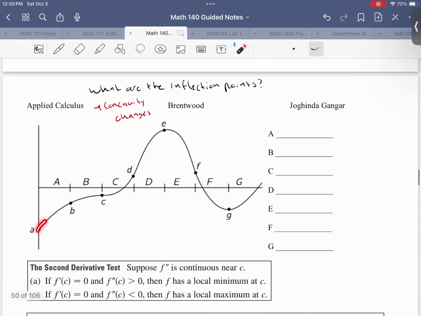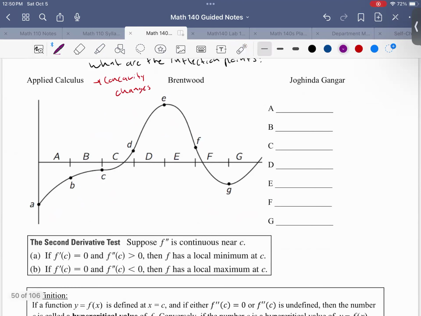I'm following along, and I notice right here at C, I switch from concave down to concave up. It's going down, but now it's flipping up. So right here at C, it's an inflection point. It goes from concave down to concave up. Okay, so that's one inflection point.